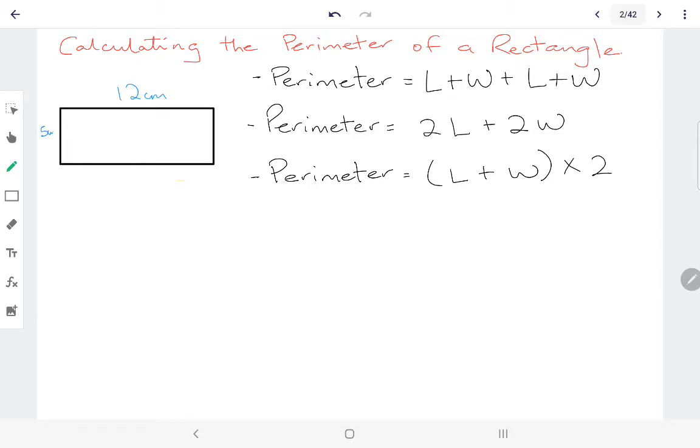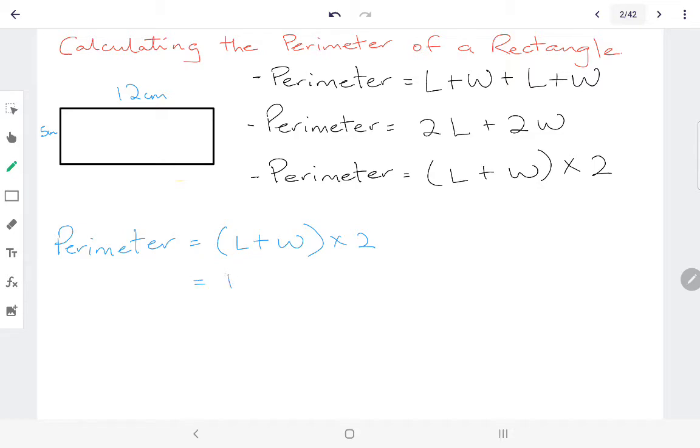So from the example, let's say we have the length is 12 centimeters and the width is 5 centimeters. Applying the last formula, perimeter is equal to length plus width multiplied by 2, and we know what is in brackets, we do that first.